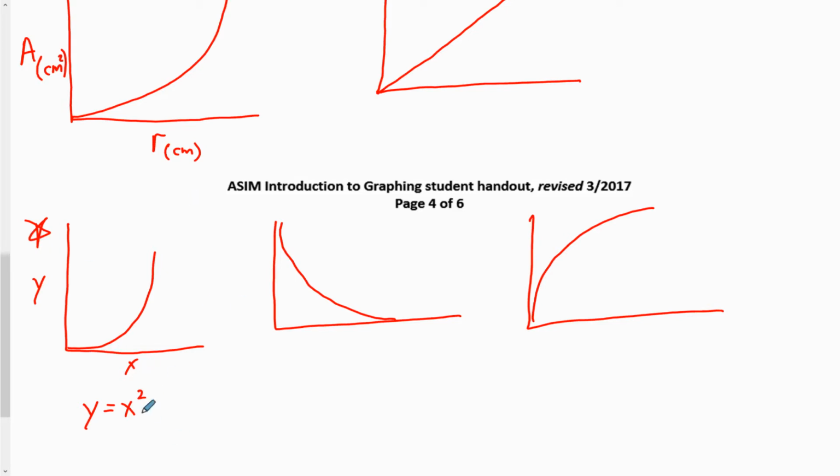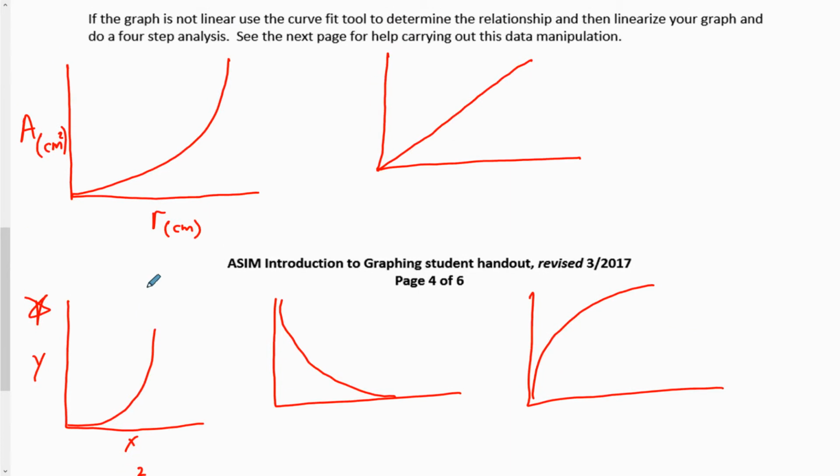So the goal is this. If you can recognize this, then go back and redo your graph: area in centimeters squared versus radius. I'm just going to write r squared, and the new units would be centimeters squared. Sorry, my screen is going absolutely insane. Thank you, Microsoft Surface.